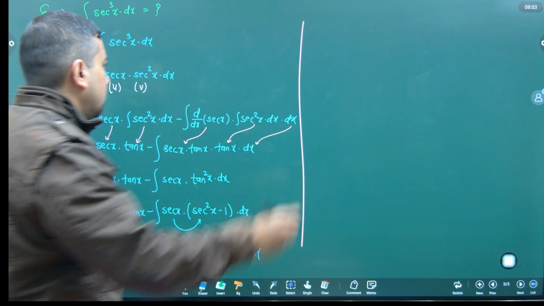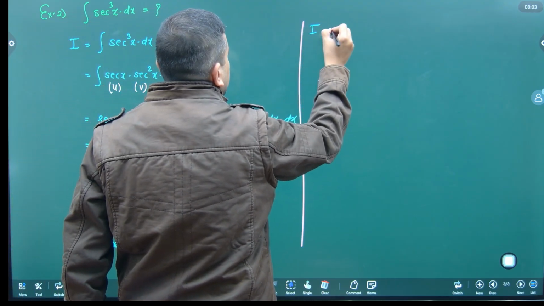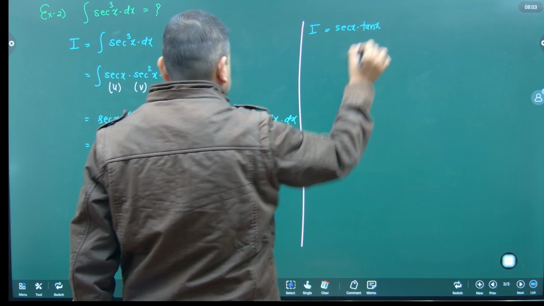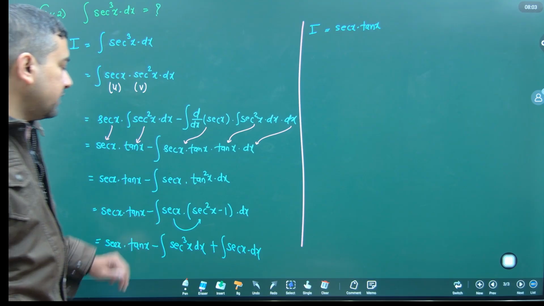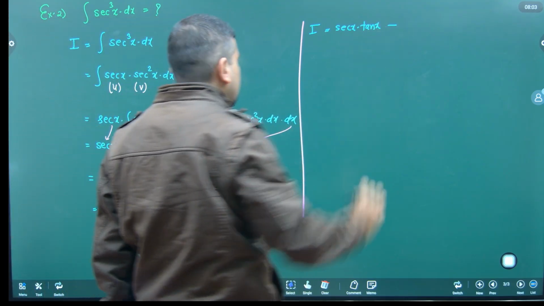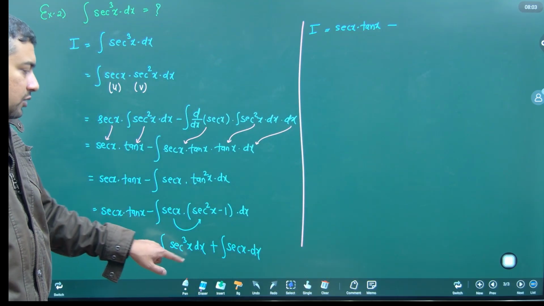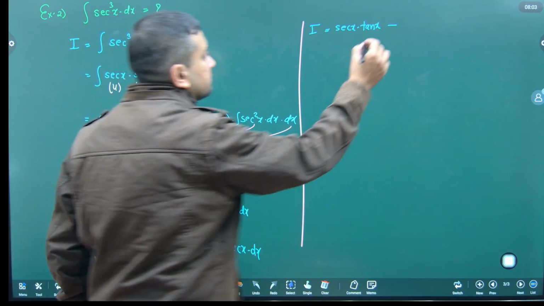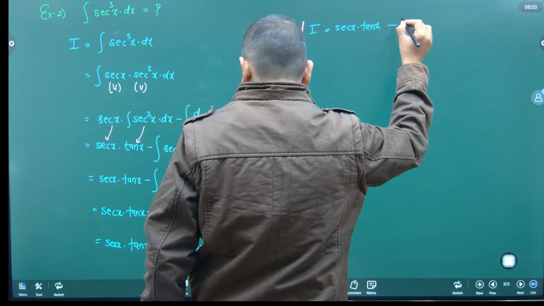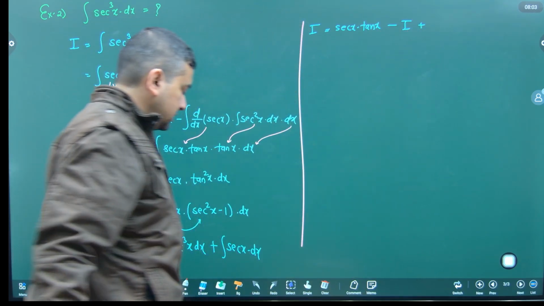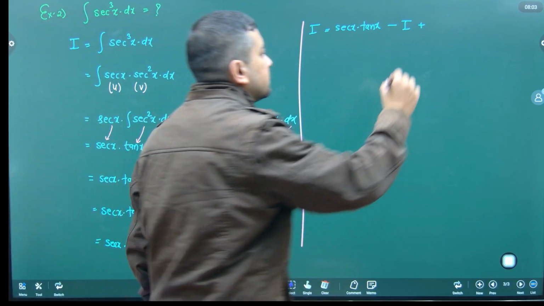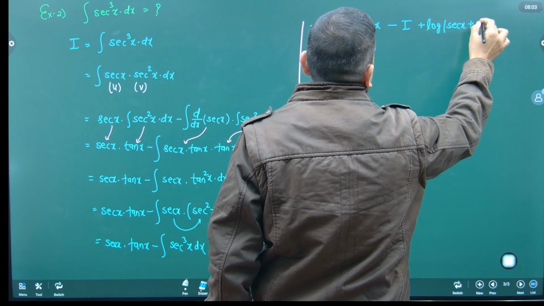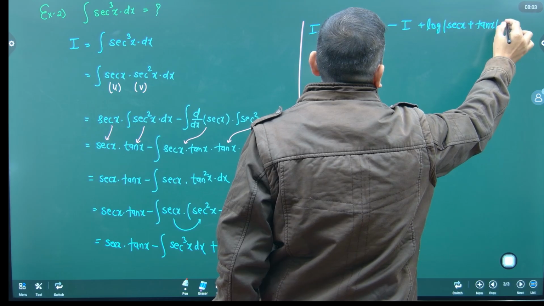So what does the integral become? I is equal to sec x into tan x minus integral of sec cube x dx. What is the integral of sec cube x dx? It is nothing but I, plus now the integral of sec x, which is log of sec x plus tan x plus c.